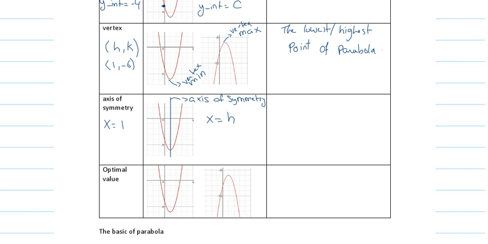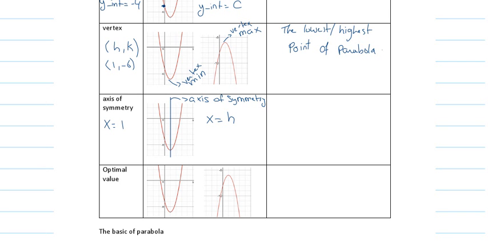So your vertex, if you see it right here, the vertex is at 1, negative 6, yeah? We know that the axis of symmetry passes through the vertex, right? So because it passes through the vertex, it's going to take the value of that vertex, and it's going to be the same thing as the x value of the vertex. So it's going to be x equals 1 in this case, okay?